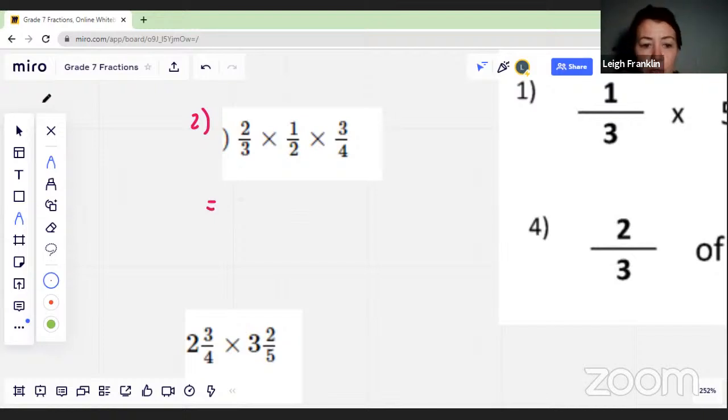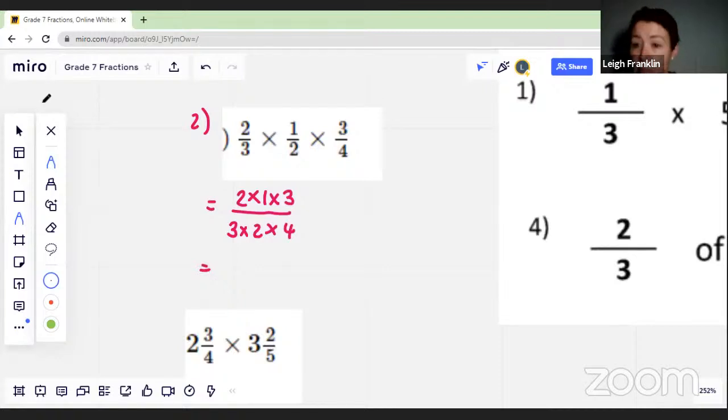So at the top, in the numerator, we can say 2 times 1 times 3. And then in the denominator, we're allowed to say 3 times 2 times 4. Okay, so what are we going to have in the numerator?